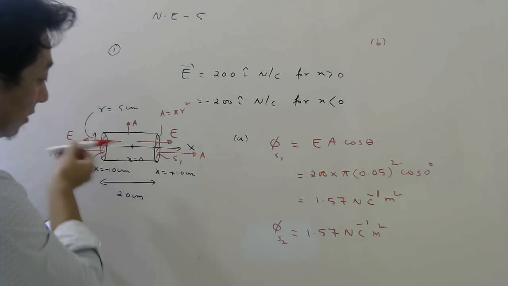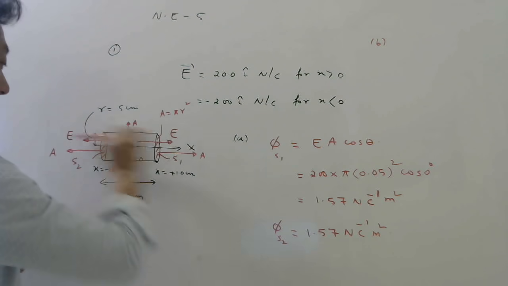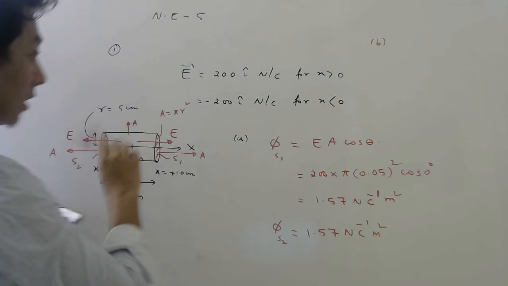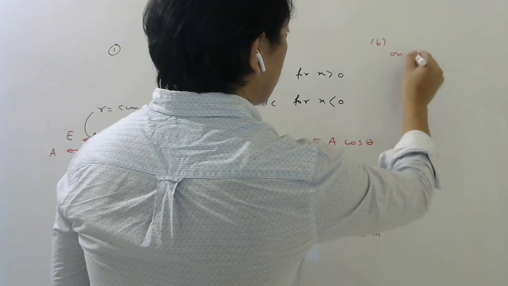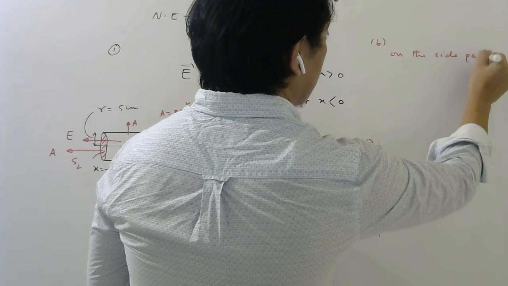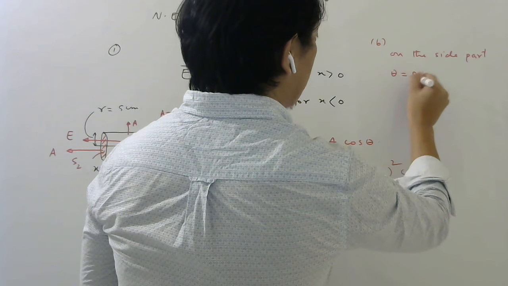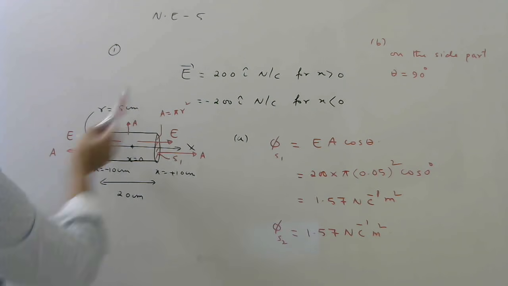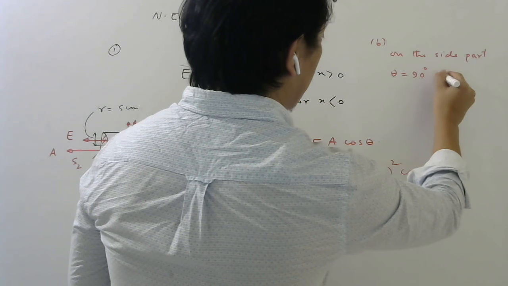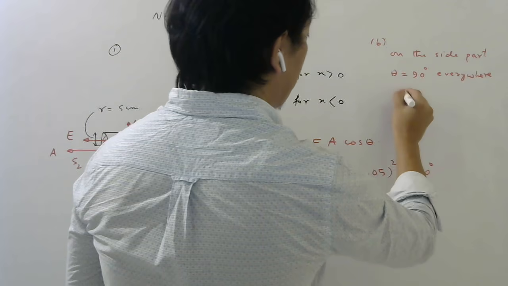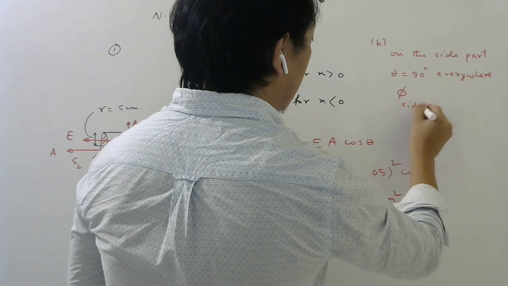The electric field this side is this way, and this side is this way, according to the question. So on the curved surface, on the side part, theta everywhere is 90 degrees. What is theta? The angle between the area vector and electric field everywhere. Since it is 90 degrees everywhere, the flux through the side part will be 0.